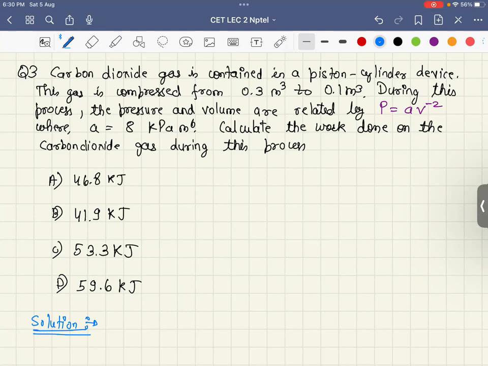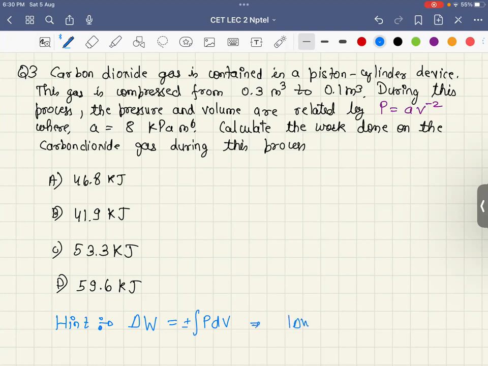So let me give you a hint. You can use the definition of work. What is the definition of work? It is nothing but integral PdV. Depending on which sign convention you use, you can write plus or minus, right?